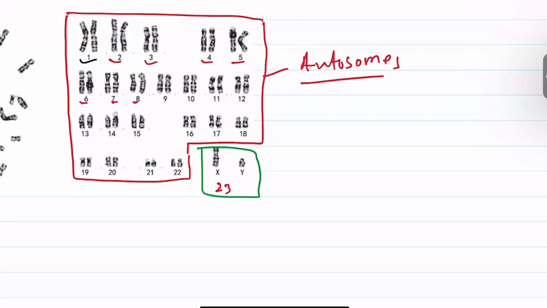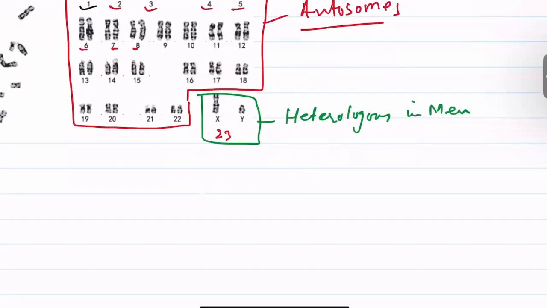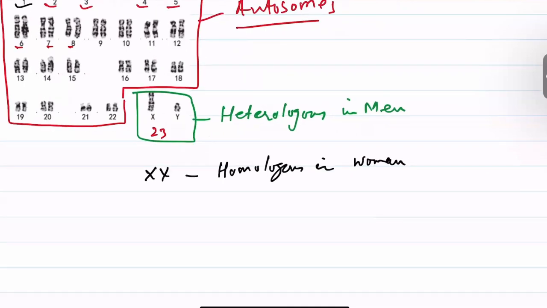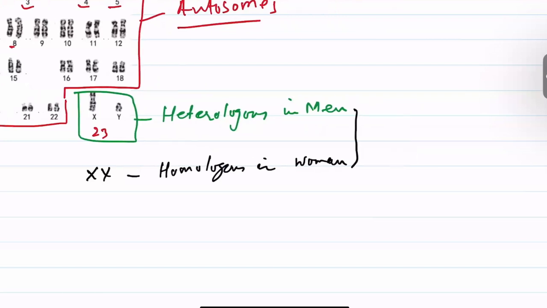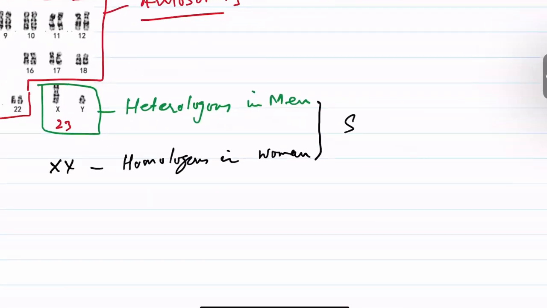X is longer than Y, so this is heterologous in males. And it is homologous in females and is represented with X, X in women.